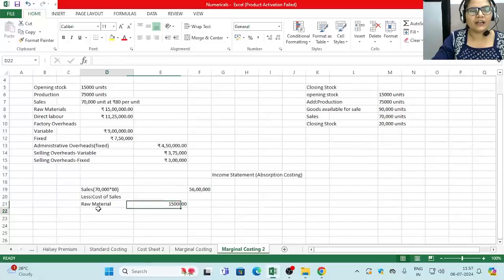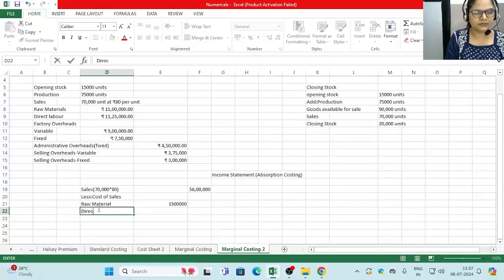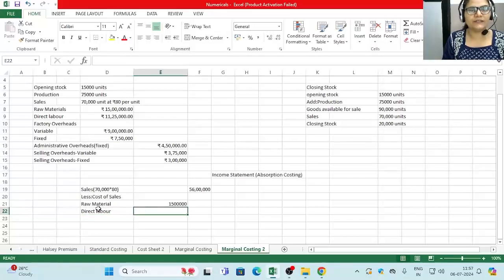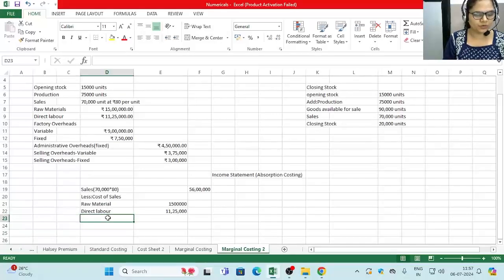Then we have direct labor, which is 11,25,000. After adding these two, we are solving this question like a costing statement so that there is more clarity regarding the different types of cost associated. So this is 26,25,000.